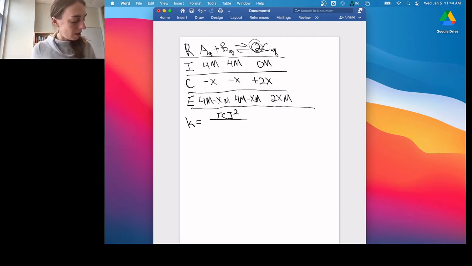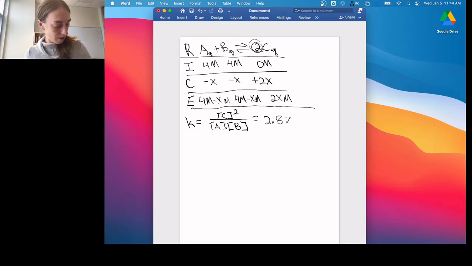And then in our denominator, we have our concentration of A times our concentration of B. Okay, and we were given a K value here of 2.8 times 10 to the negative 7th. Okay, so now we can just plug our equilibrium concentrations into this expression and solve for x.